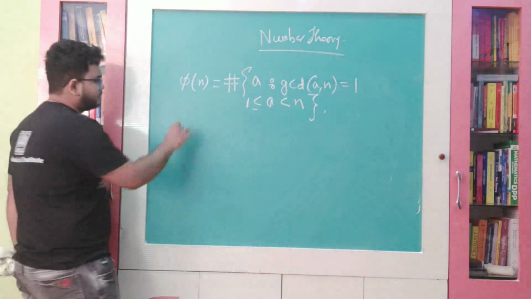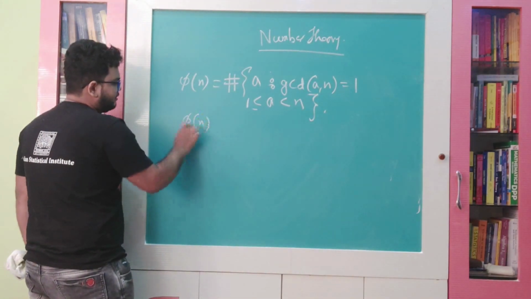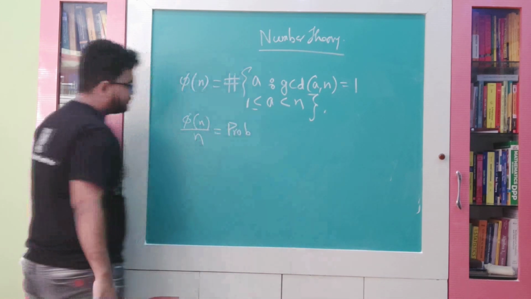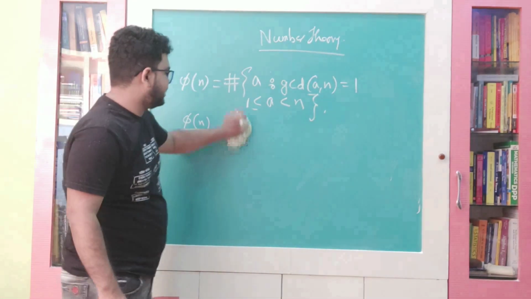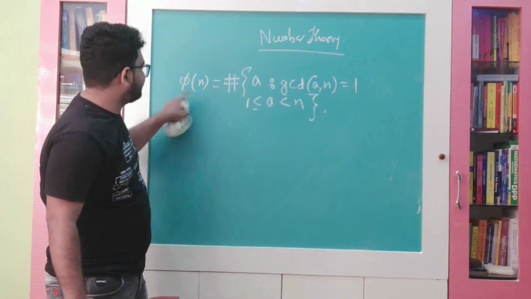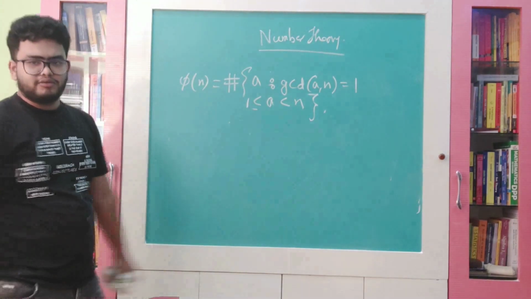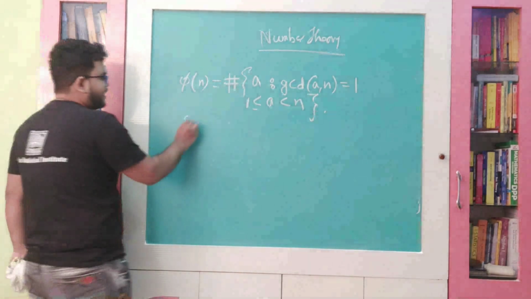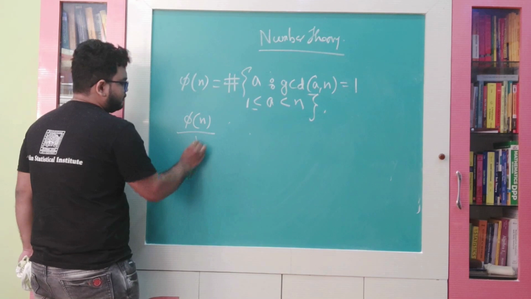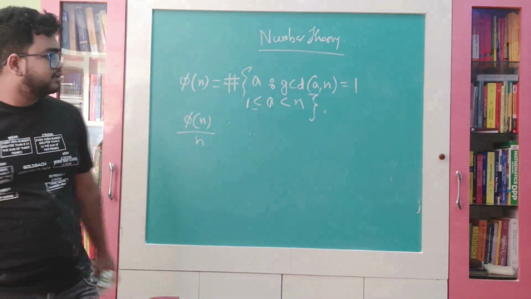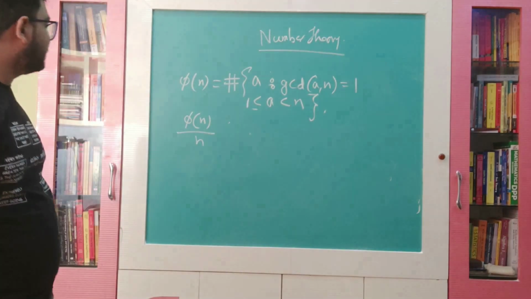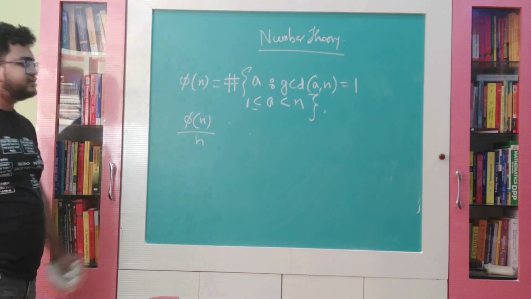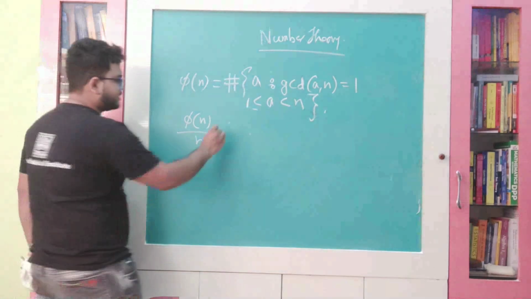So you can see that phi(n)/n is the probability that an integer is co-prime to n. What is the expression for phi(n)?